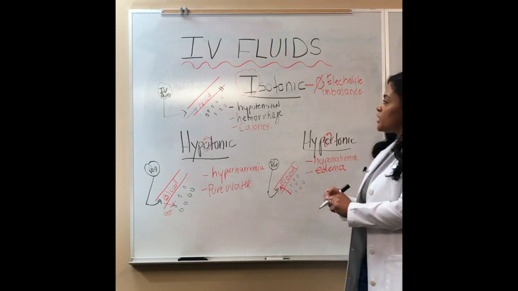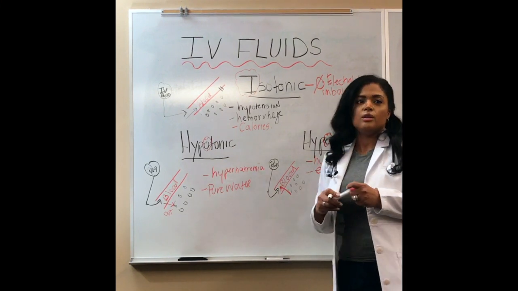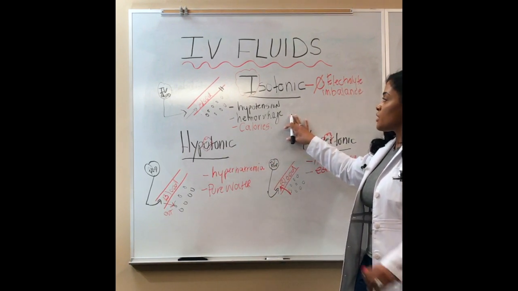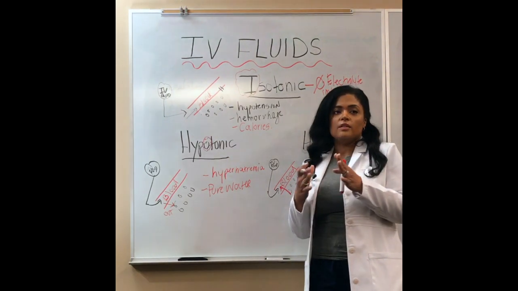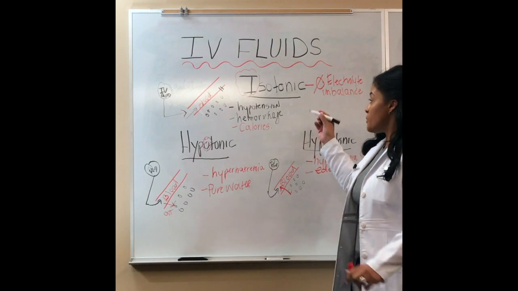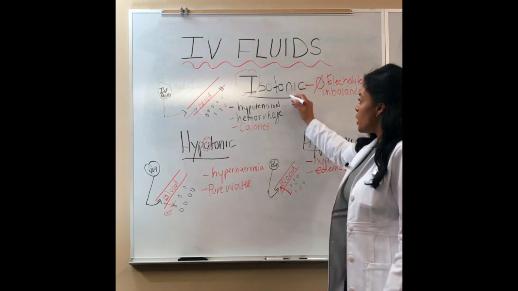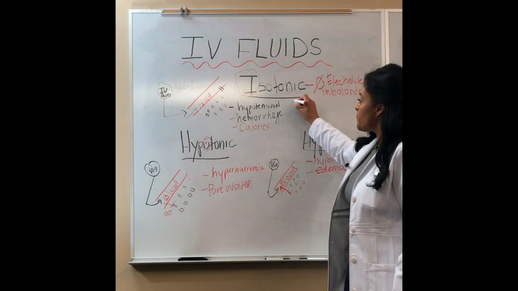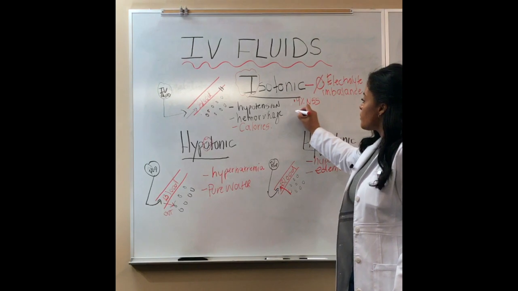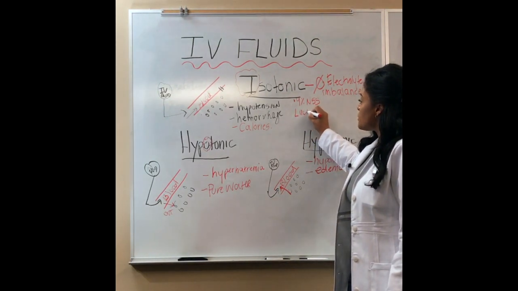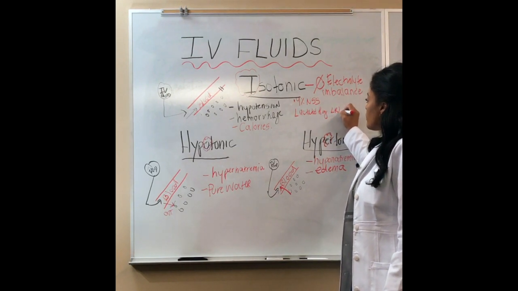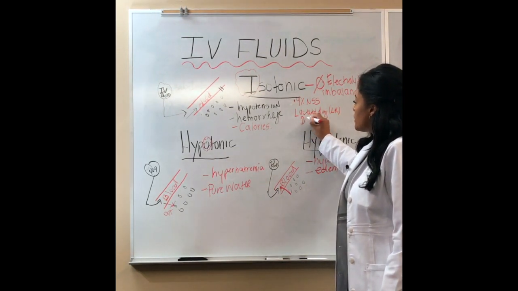Now to talk about the different types of patient scenarios that you might encounter. So for isotonic solutions, there are two patient situations where you may not give this solution. For example, some of the solutions that fall under isotonic solution are 0.9 normal saline, lactated ringers, and D5W.